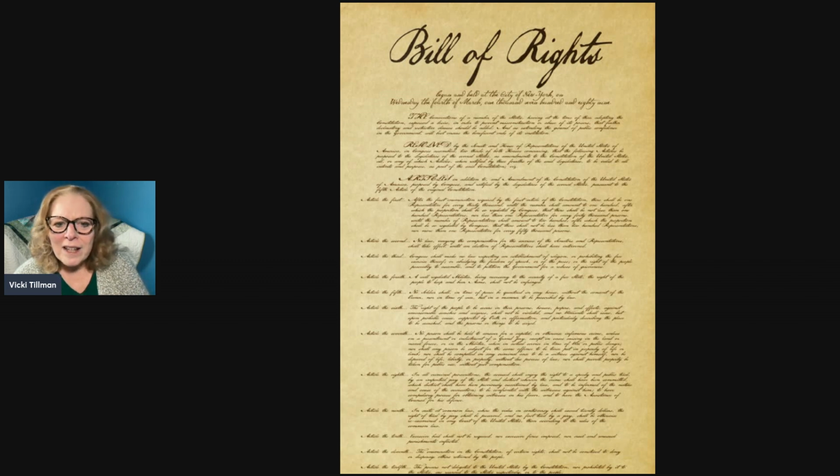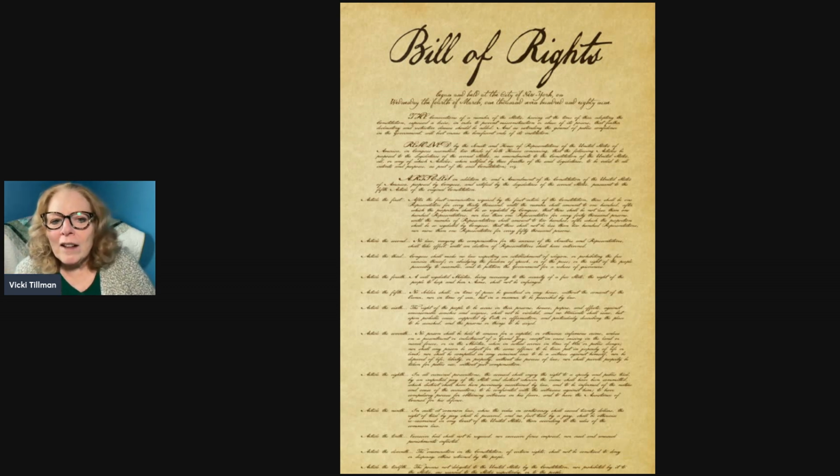The freedom of press cannot be stopped. The freedom of peaceable assembly is one of the freedoms in Amendment 1. And then the freedom to petition the government for redress of grievances. We have a right to go to our government and complain about things. This is why I'm always telling folks, write your elected officials. We have the right to do that. It's hard to imagine, but not every country has that. Okay, so Amendment 1: freedom of religion, press, speech, assembly, petition.